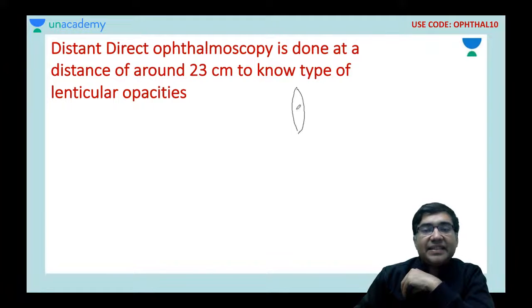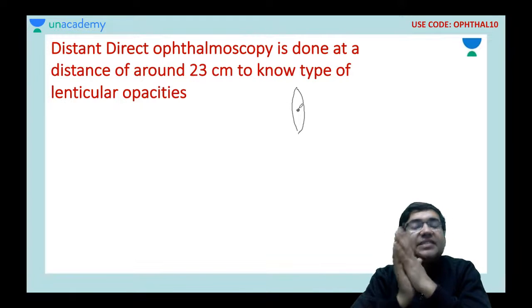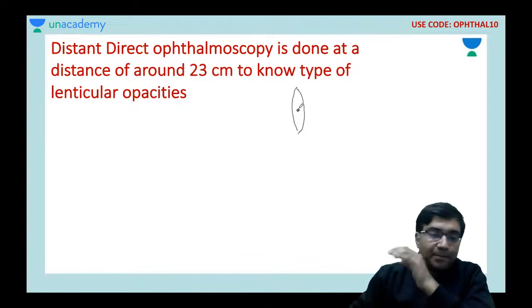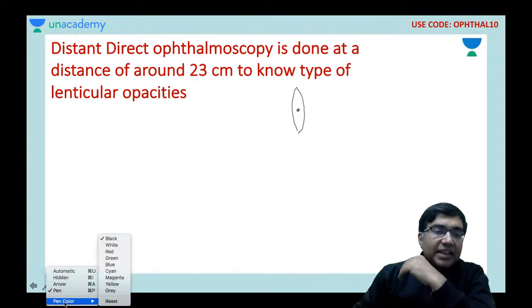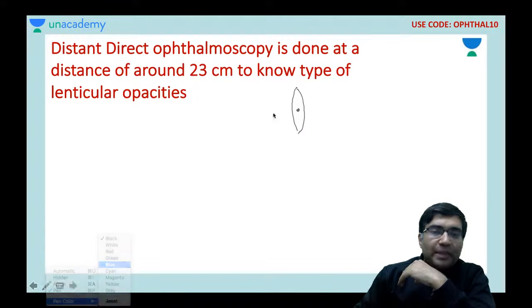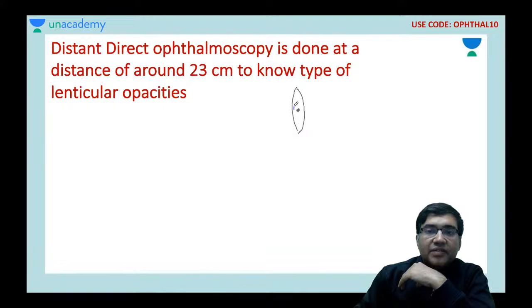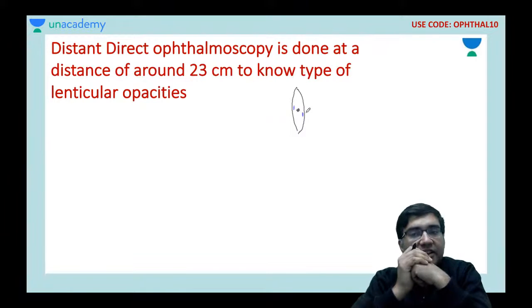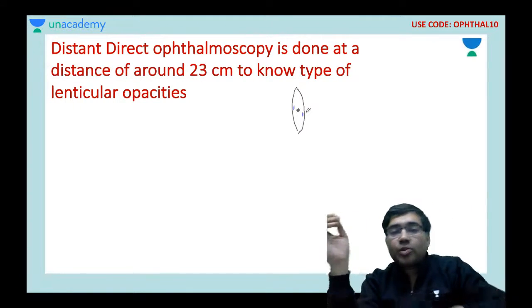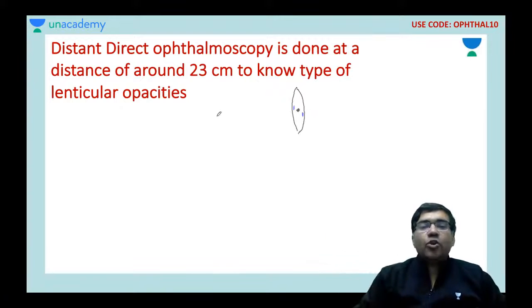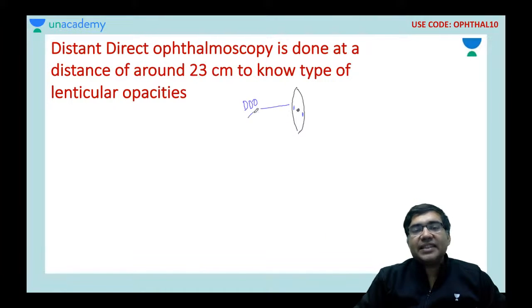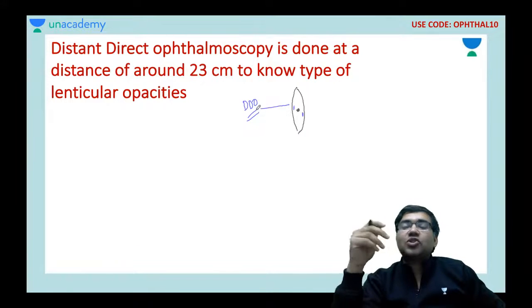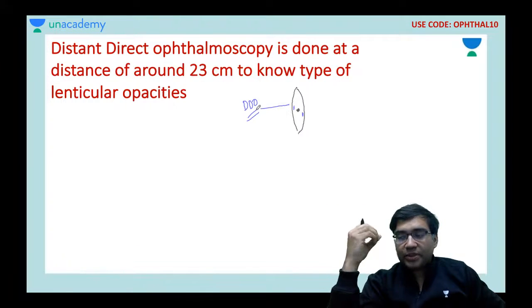If this is my lens and this is the nodal point of my lens, the center of the lens, we can have an opacity in front of it or in back of it, either anterior or posterior. This can be told by this investigation, which is done at 23 centimeters from the lens, and is called distant direct ophthalmoscopy.